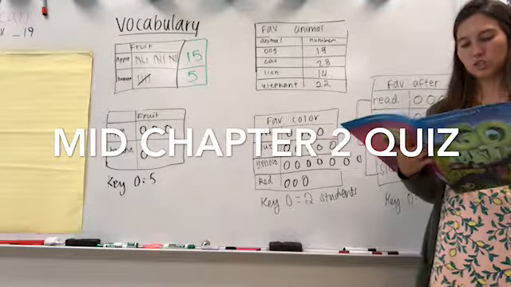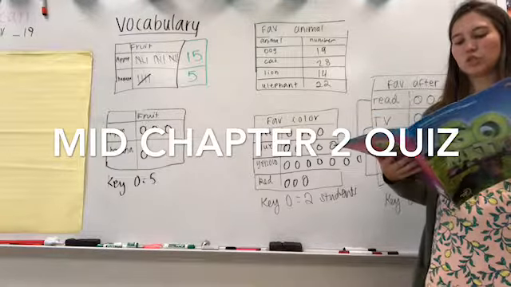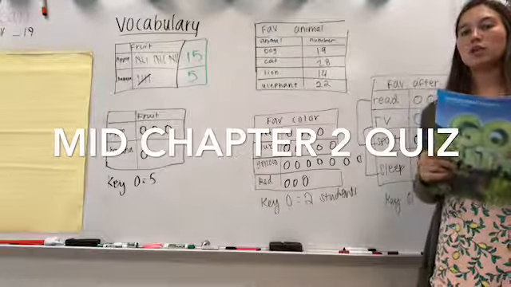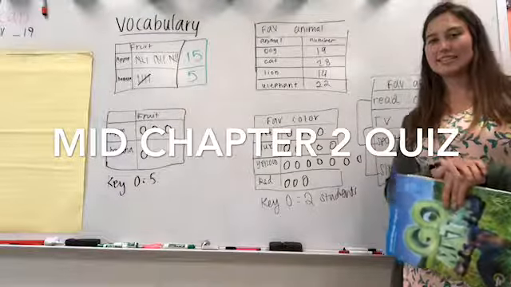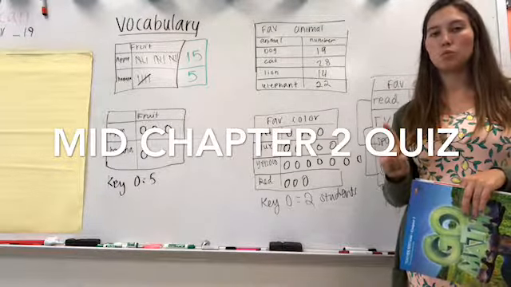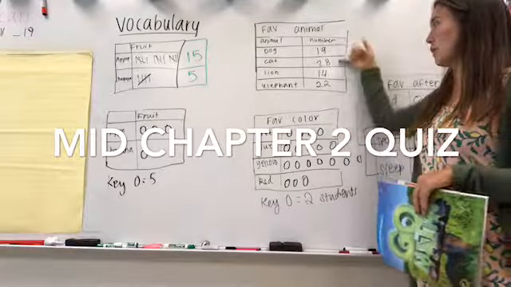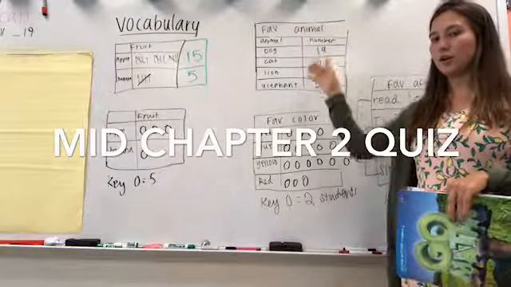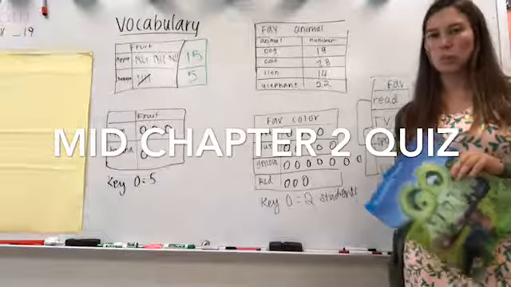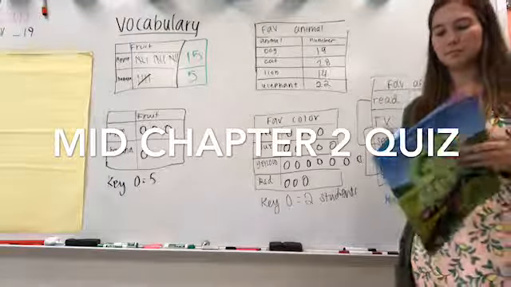The next question, how many students chose a favorite animal? So each student voted once. This is something we know about collecting data. Each student votes once. So I need to look at my numbers, and I'm going to put them together to decide how many total students voted.